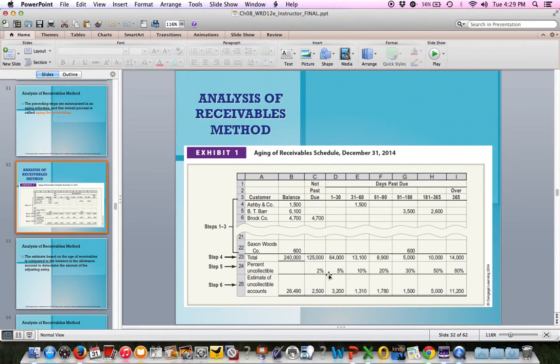And notice that the percent goes significantly higher the older the account is. Over a year, we're basically saying 80% of whatever is more than 1 year past due will not be collected. So that gives me a grand total of 26,490 of what I believe my uncollectible accounts will be, taking into account how past due the accounts are.